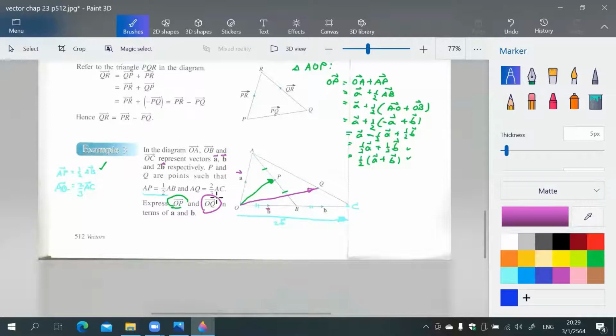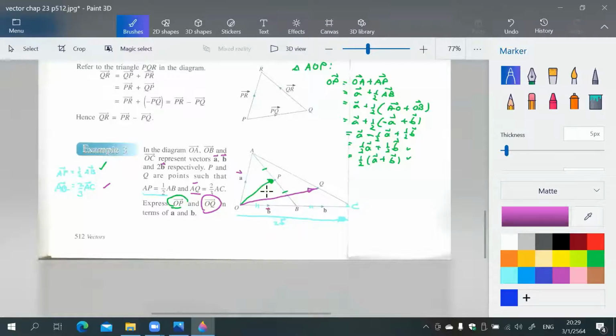We know AQ from the question, which already gives it to us. Or you can use the bottom one, QC, because we also know QC: when AQ equals 2/3 AC, then QC is 1/3 of vector AC.